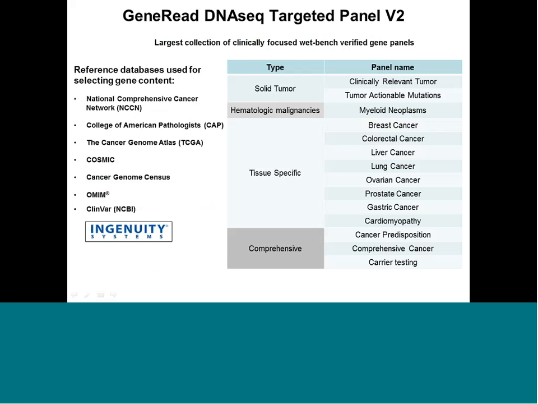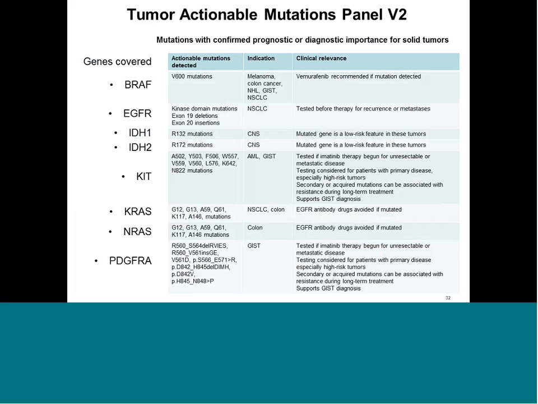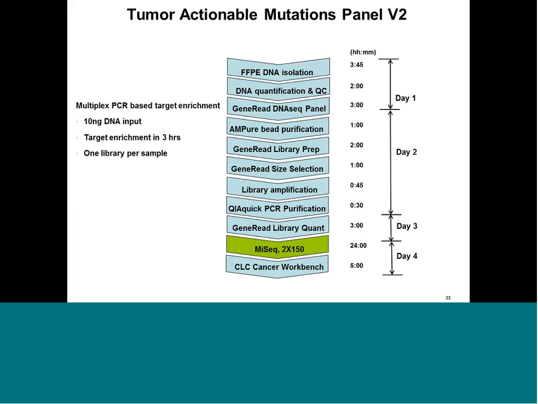What are the genes that are interesting for my clinical questions? And then you can either design your own PCR pipeline, or you can use a number of already commercially available mutation panels, like, for example, this actionable mutation panel from QIAGEN, and analyze these genes in your tumors.